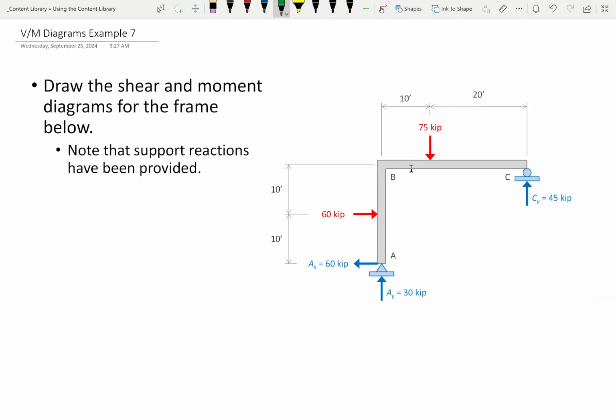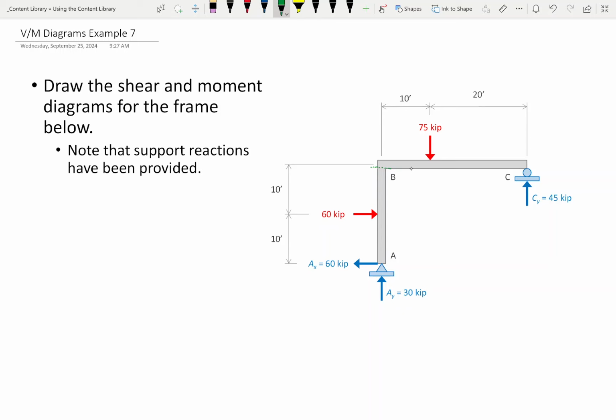You can think of this two ways: cut a section like this and a section like that, on either end, which for a frame with multiple members together goes like this. Maybe I'll cut a section right here at point B, just to the edge, and then do the same for the beam. Then we'll investigate the joint equilibrium right here on the board. So let's go ahead and do that.